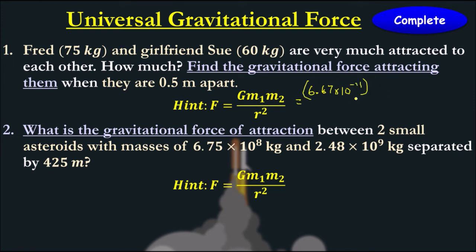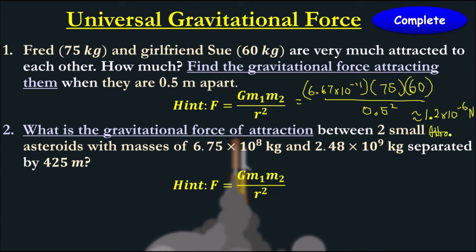That's on your data sheet, so please make sure to use your data sheet if need be. So do our substitution there. You'll find that the overall attraction, if we round it off to 2 sig figs, is 1.2 x 10 to the power negative 6 newtons.